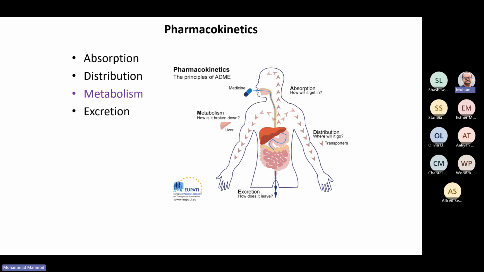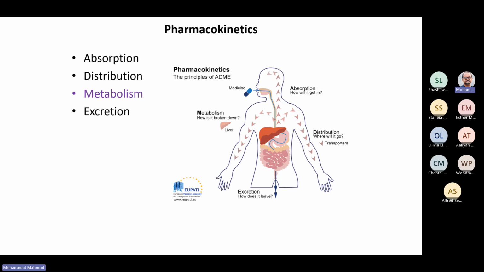It means that once we take medications inside, it will go through our system, and four things will happen: absorption, distribution, metabolism, and excretion. ADME, you can easily remember ADME. Absorption in the intestine, distribution through bloodstream, metabolism in liver, and excretion through kidneys and digestive system.